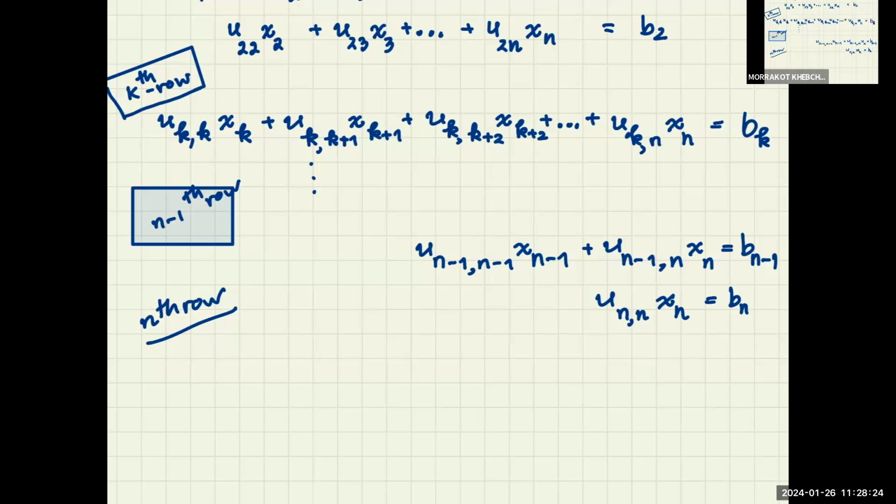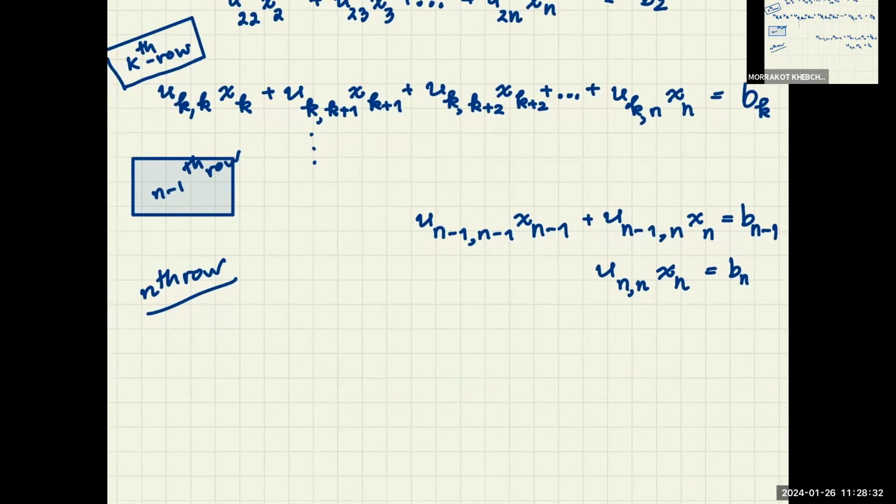Okay, no matter how large the value of n, to find the last element is always what? x sub n is going to be equal to b sub n divided by u nn. This is always the first step.